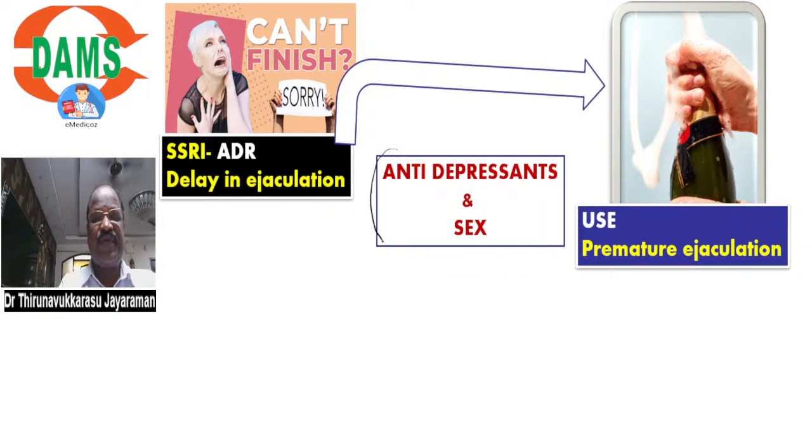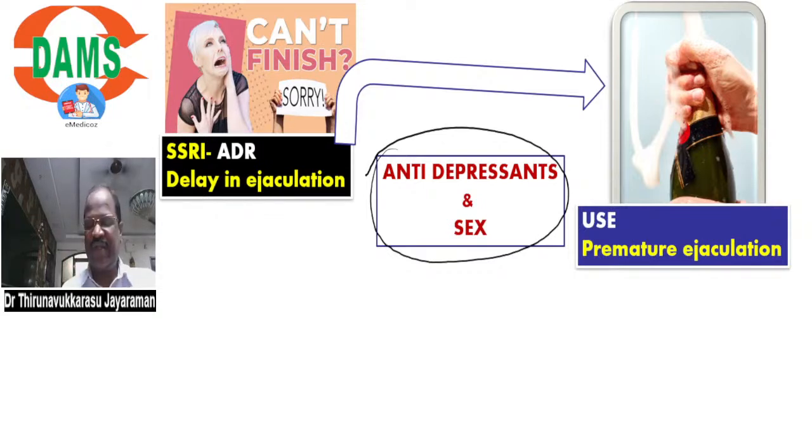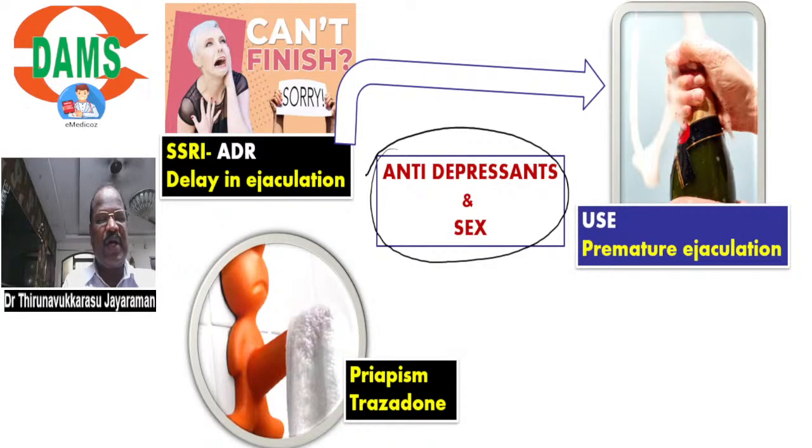Antidepressants and sex is a very important topic for the AIIMS exam. I told in the classroom that AIIMS people are fond of asking about antidepressant sexual problems. So here we discussed trazodone causing priapism as an adverse effect. This adverse effect can be exploited for therapeutic use, that is, erectile dysfunction.